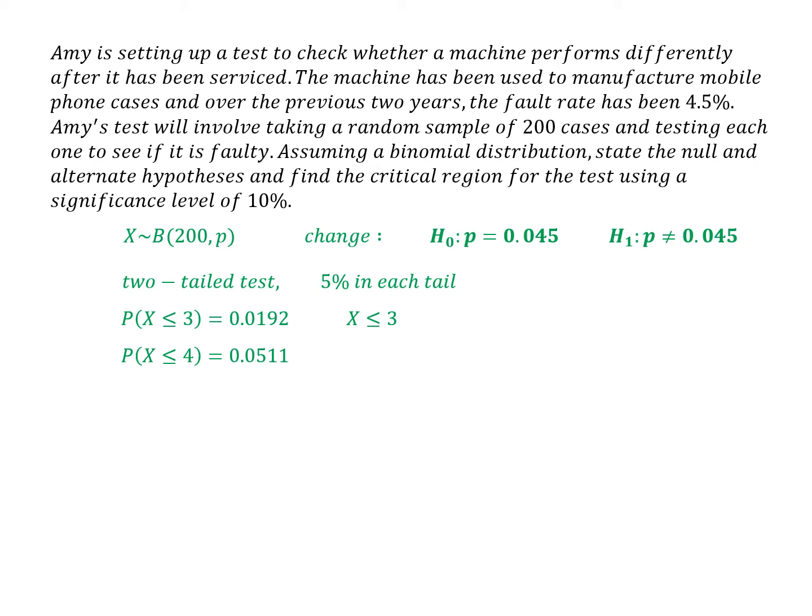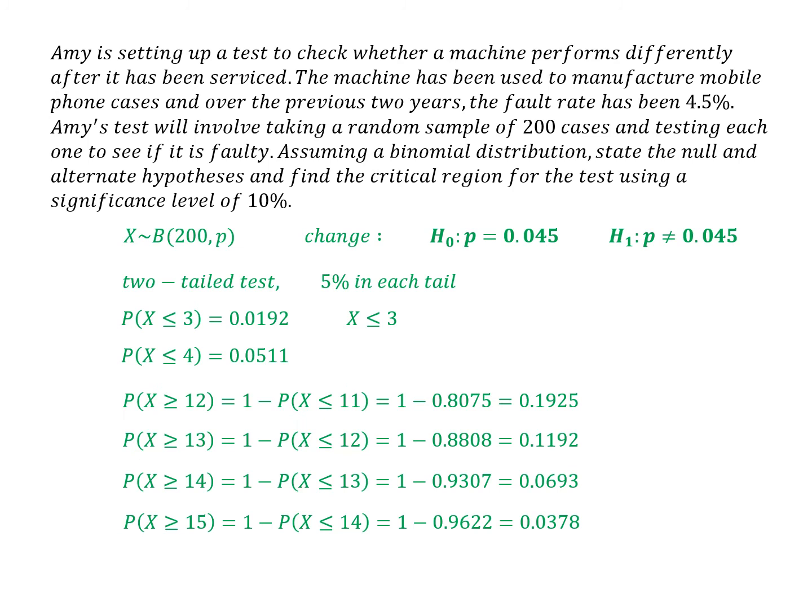It took me a little while longer to fiddle about and find the relevant values for the upper tail, and I eventually came down to greater than or equal to 12, 13, 14 and 15. These are the numbers that I calculated from my calculator, and so the probability, for example, of X being greater than or equal to 12 is 1 minus the probability that X is less than or equal to 11, remembering that my calculator only gives me figures for X less than or equal to a number.